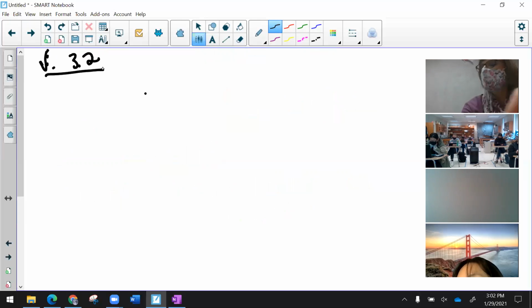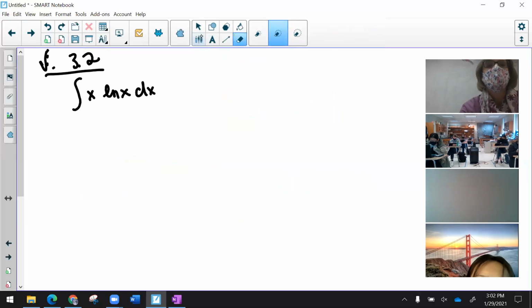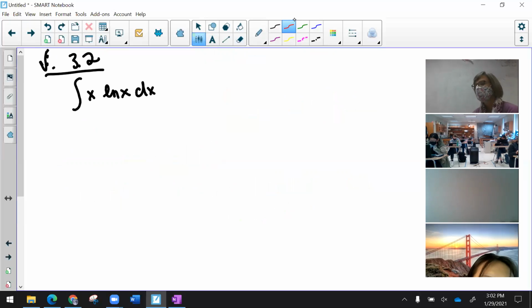Okay, so 3.2 is the integral of x natural log of x dx. So you've come to an integral. What's the first thing you ask yourself? Can you do it by inspection? Probably not. Can we do a u substitution?